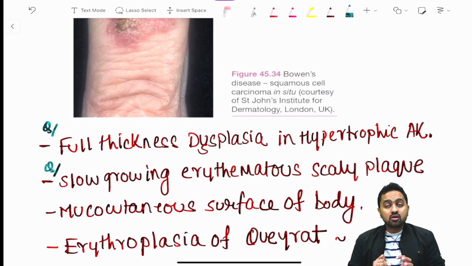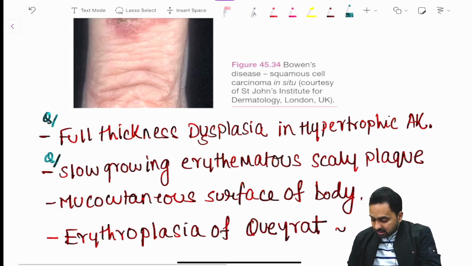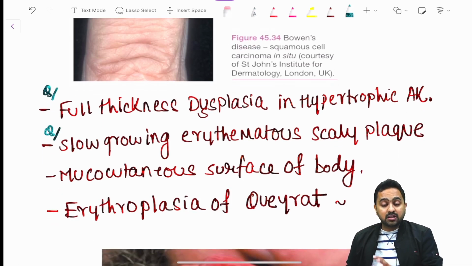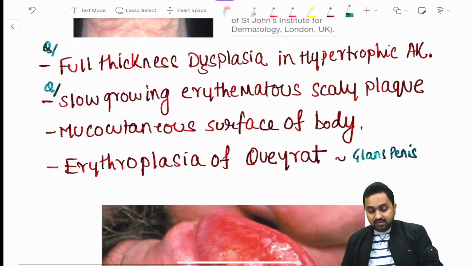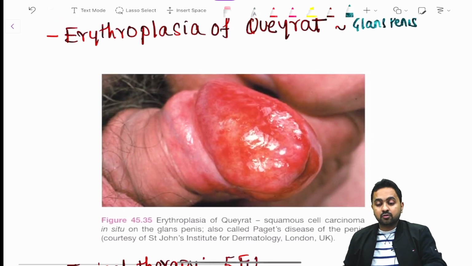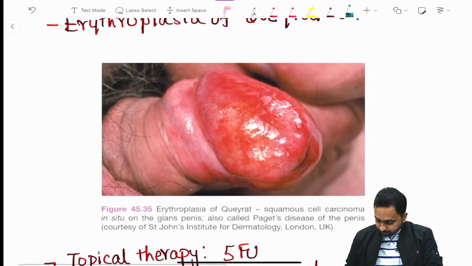Now it occurs at the mucocutaneous surface of the body, and it is known as erythroplasia of Queyrat when it occurs at the glans penis. So, this is an example of your erythroplasia of Queyrat, right.